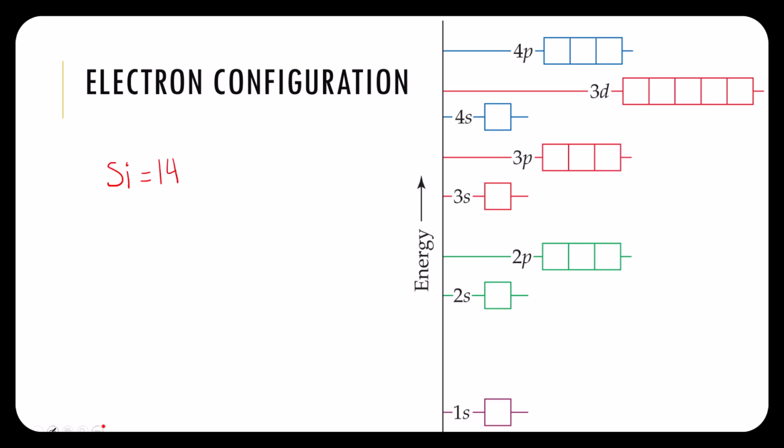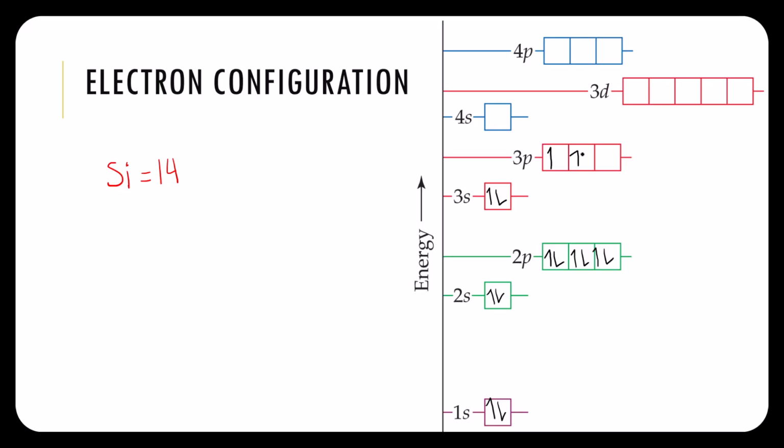So we're going to put them into our orbital diagram. So we've got 1, 2, 3, 4, 5, 6, 7, 8, 9, 10, 11, 12, 13, 14.